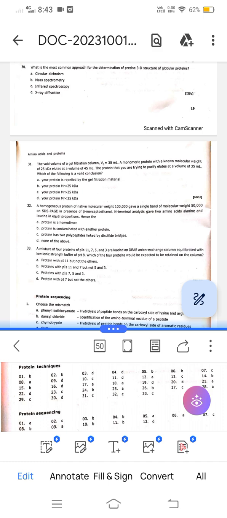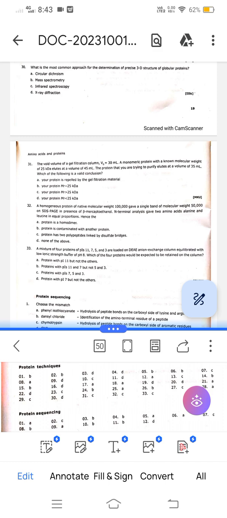That means your protein is like this. So, M greater than 25 kilodalton. Monomeric protein, I guess. Molecular weight.